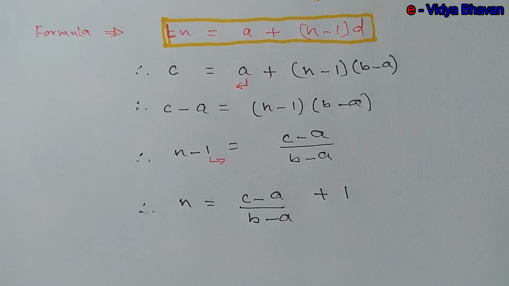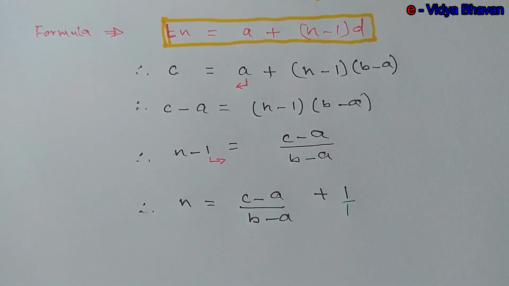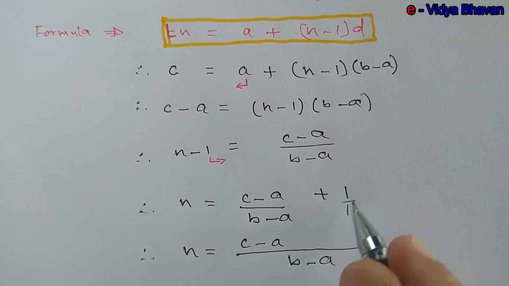Now let us take the LCM on this side. Denominator will be b minus a, and c minus a and b minus a will multiply here.